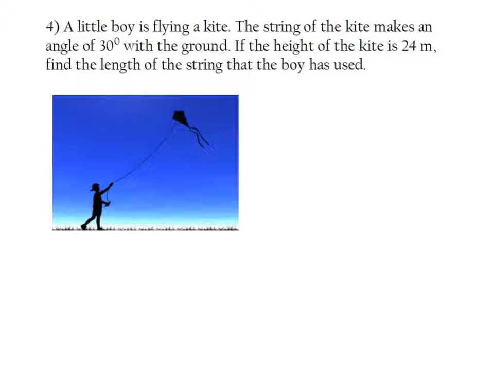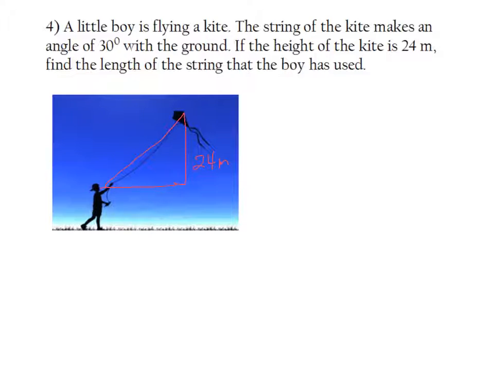All right, let's try the one where the boy's looking up at the sky, up at the kite. So you're talking angle of elevation. You're looking upward on this one. And again, we're going to ignore his eye level height and just draw in the triangle that it creates. It says the height of the kite is 24 meters.